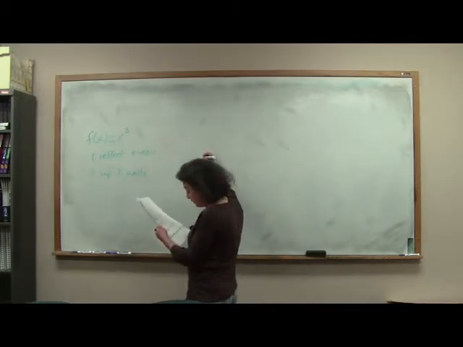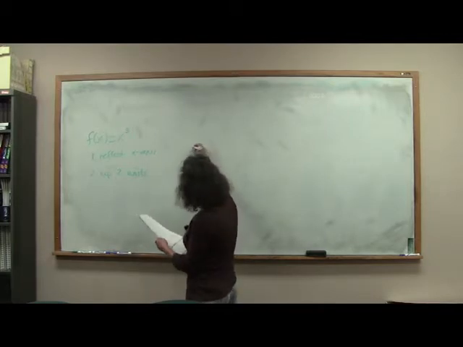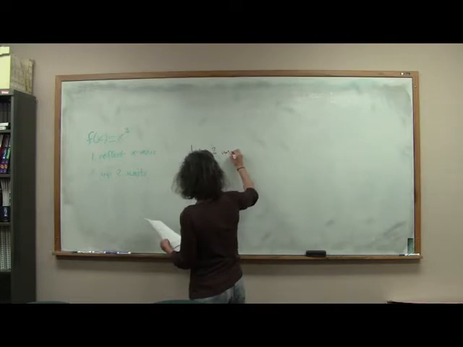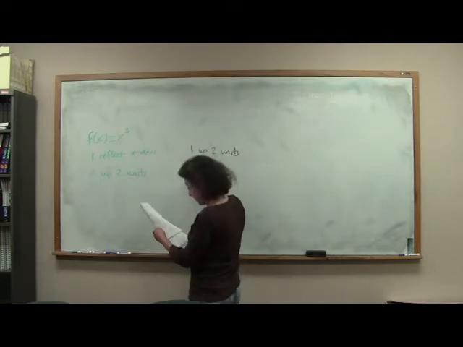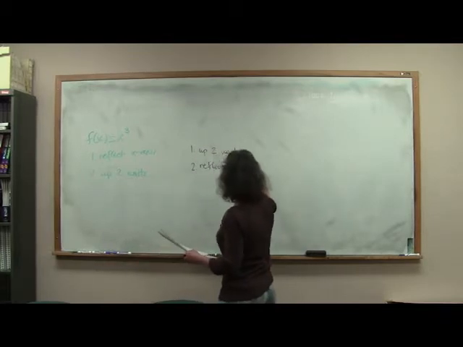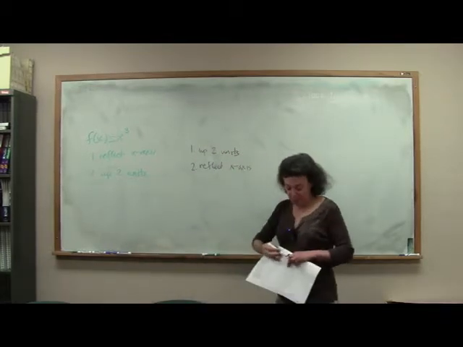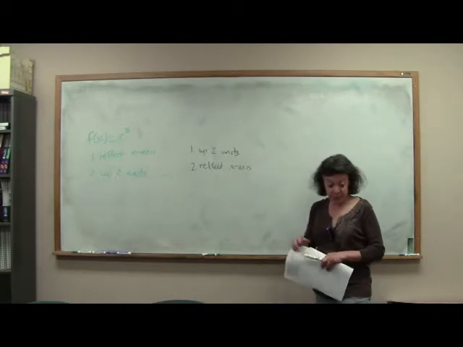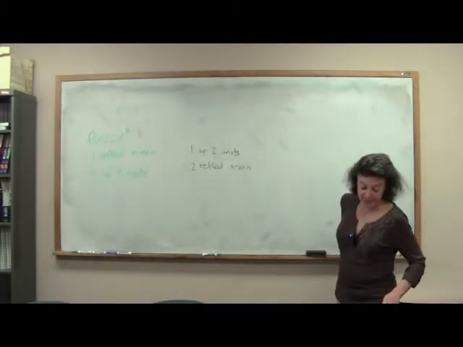We're going to take the same function, but now the first thing we want to do is go up 2 units, and the second thing we want to do is reflect about the x-axis. So notice we're doing the same 2 things, but we're doing them in a different order.